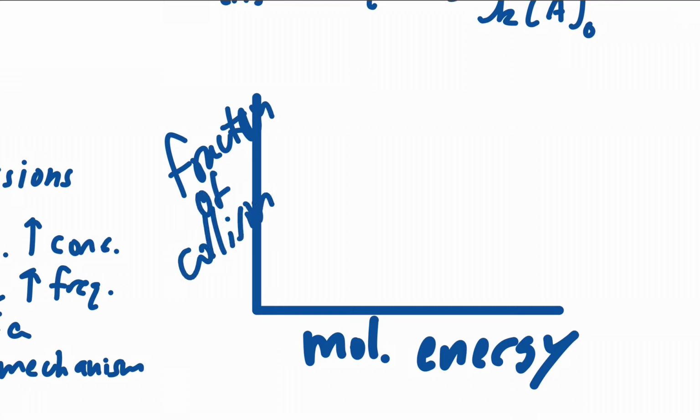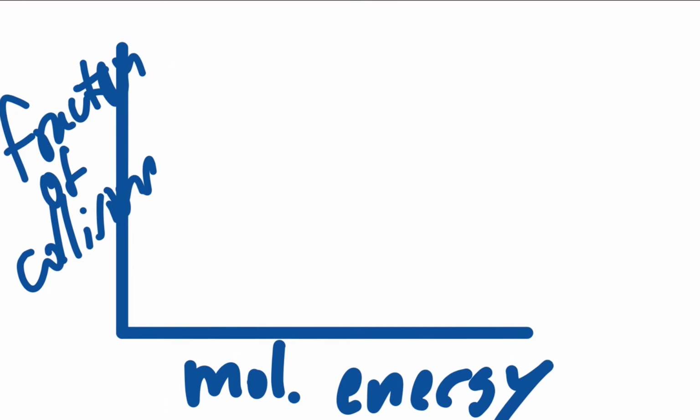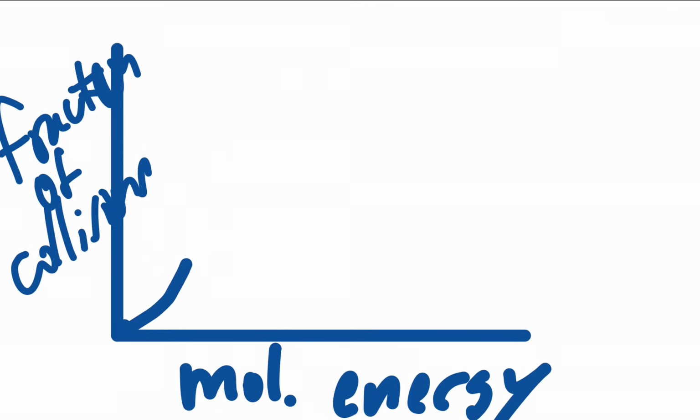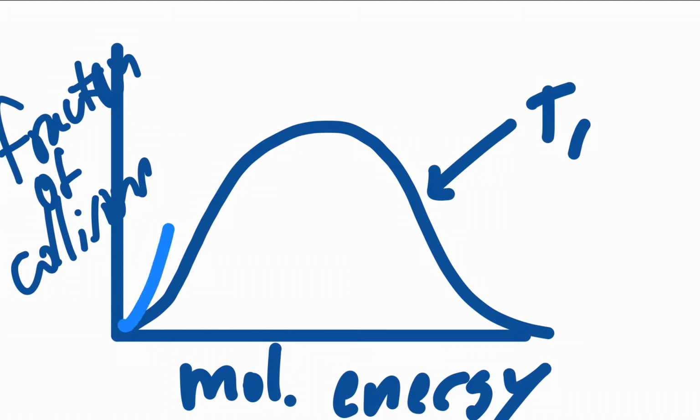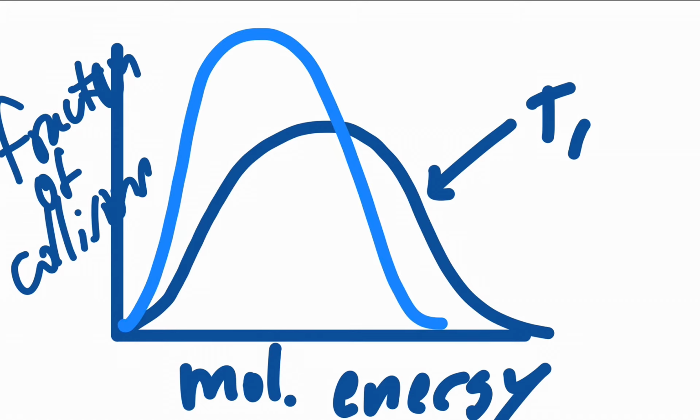And what you're going to see is what's called a Boltzmann distribution. If we have, let's say, some sample of gases at some temperature, and it has a distribution graph that looks like this, let's call it T1, and then you have some colder temperature. We saw this in the gases unit, in the gases review as well, say T2.